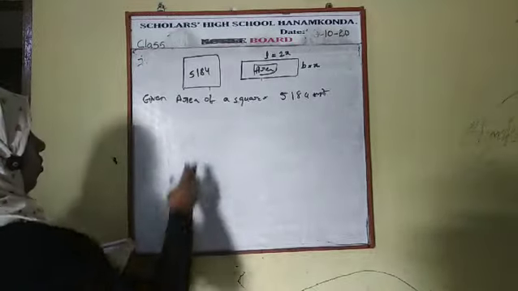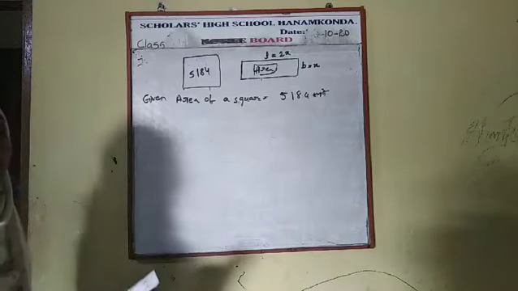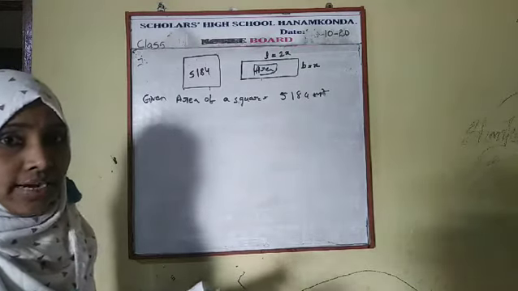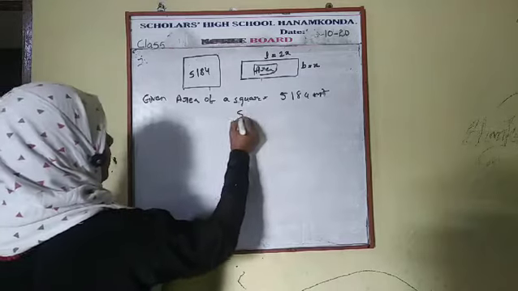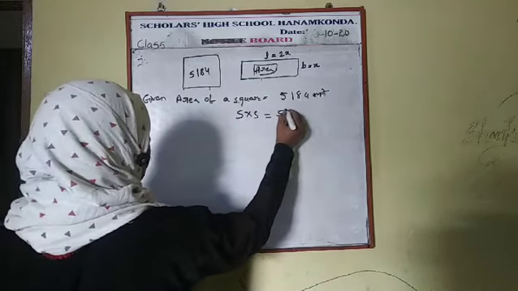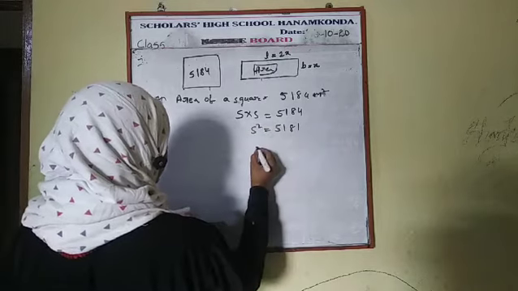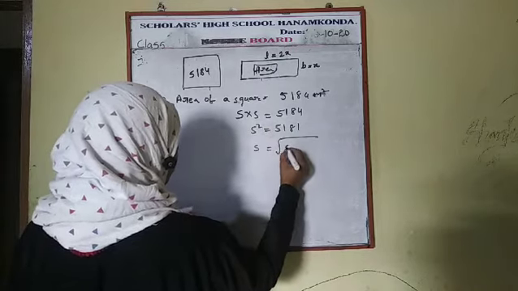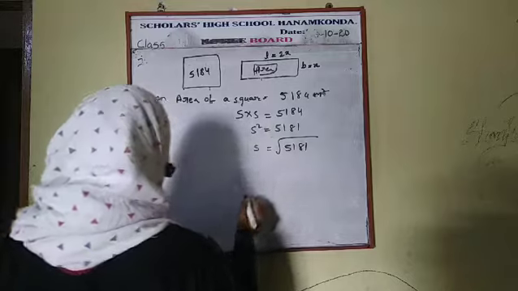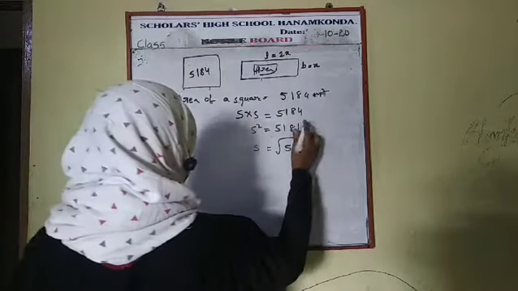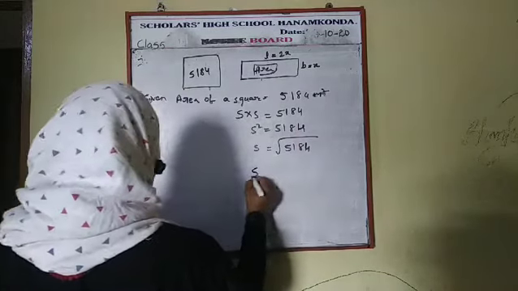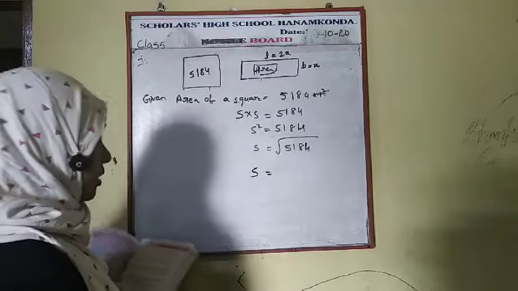Next, area of a square is nothing but what? What is the formula for area of a square? Side into side. Okay, S into S is equal to 5184. Then S square is equal to 5184. Then side is equal to the square root of 5184.